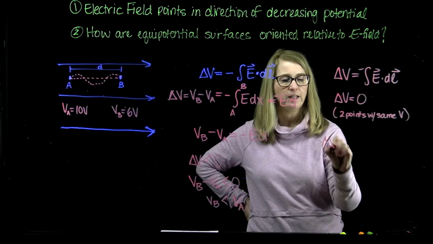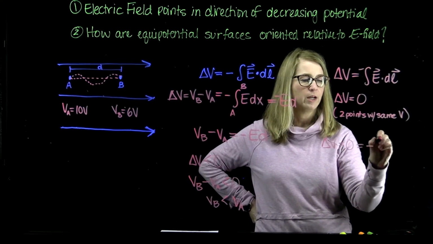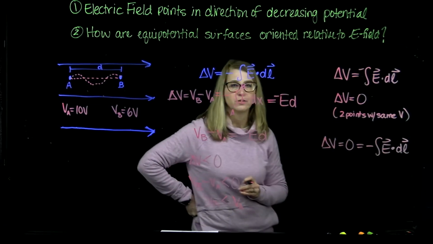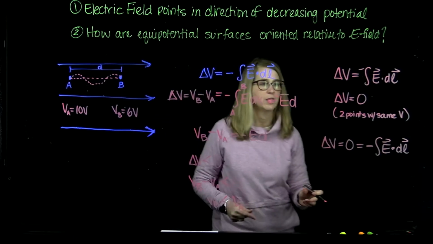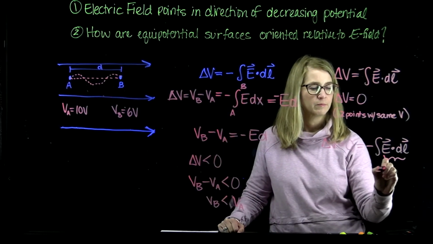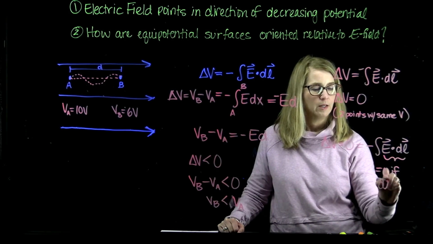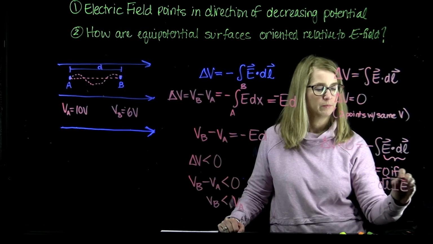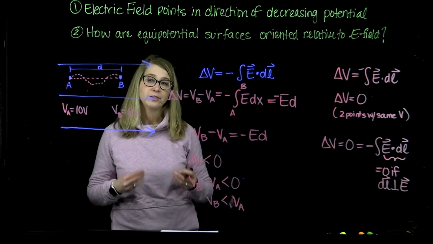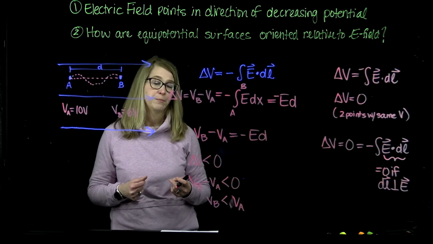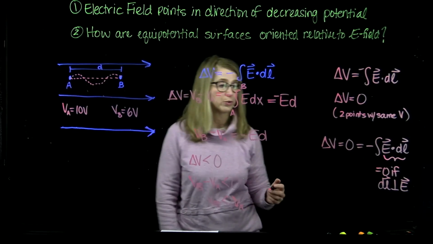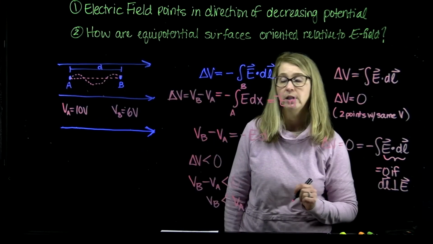So if I want delta V to be equal to 0, which is equal to minus this E dot dl, I might ask myself, how does this dot product become 0? And we might remember that when we take the dot product of two vectors, it's equal to 0 if they're perpendicular to each other. And so the idea is that I will find equipotentials are going to be perpendicular to the electric field lines.